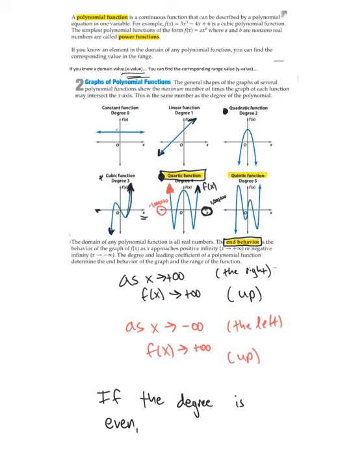If the degree is even, end behavior is the same to the left and to the right. We saw that in that quartic example. The function was going up in both cases, to positive infinity in both cases.